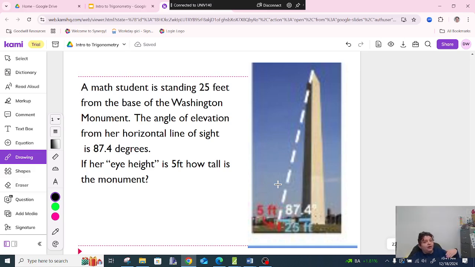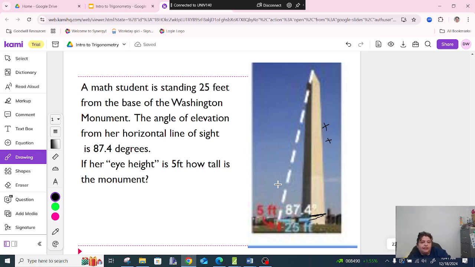Because her eye height is right here, we have to add 5 feet to the actual height. When I'm calculating from where I'm standing, I'm only calculating from where my eye is, so at the very end we add 5 because of our height.